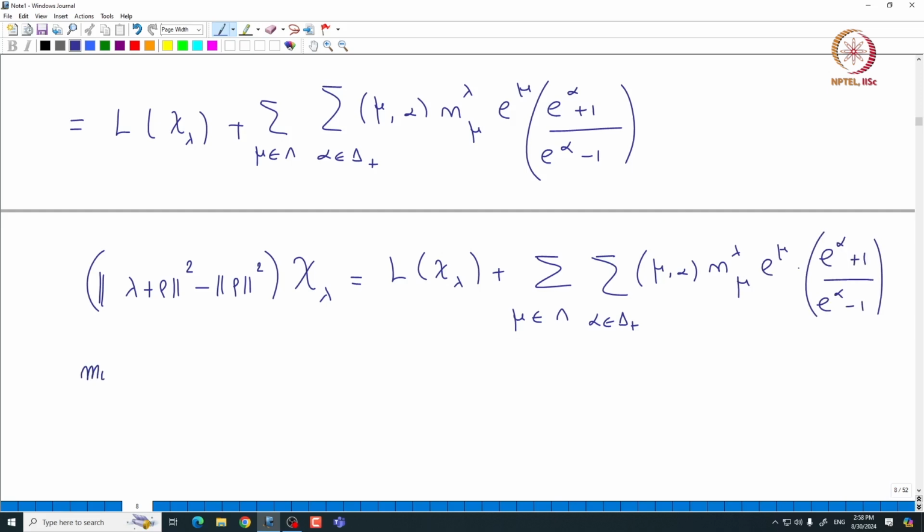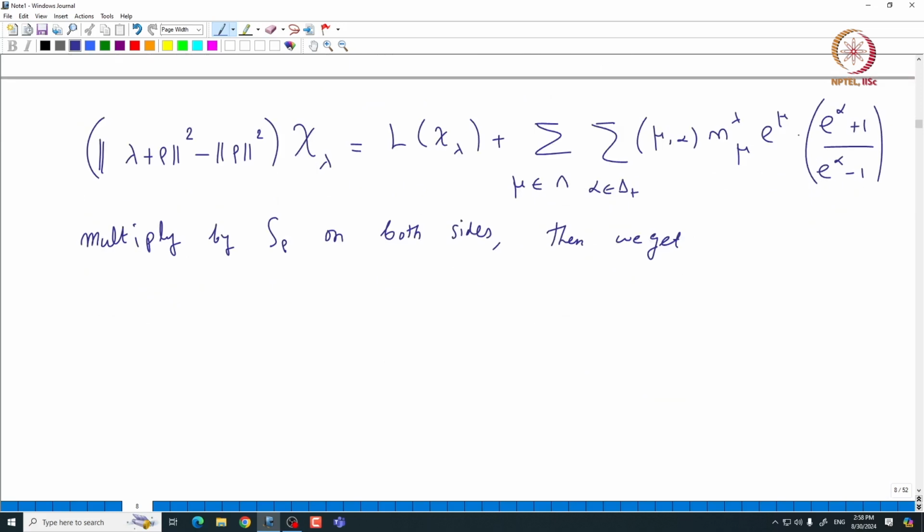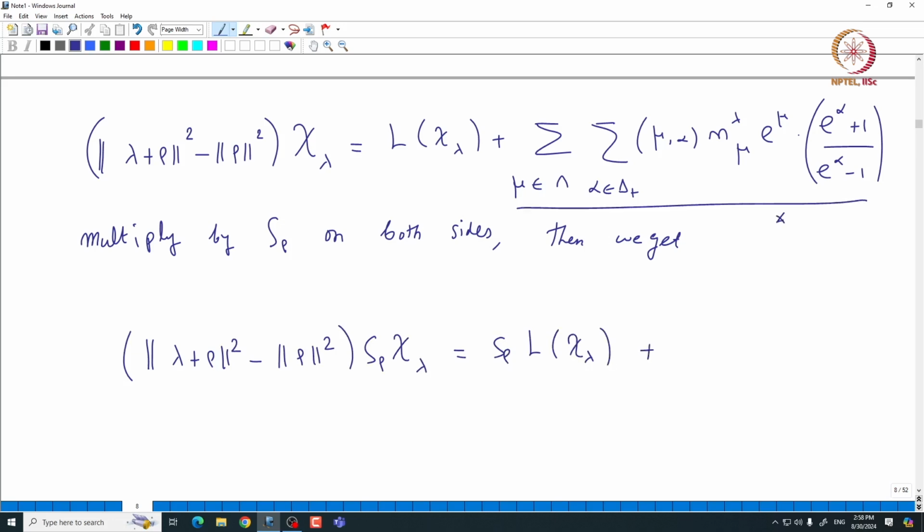Now multiply by S rho on both sides. Then we get the following identity. You get exactly norm lambda plus rho square minus norm rho square times S rho chi lambda is exactly equal to S rho times L of chi lambda plus this term star.